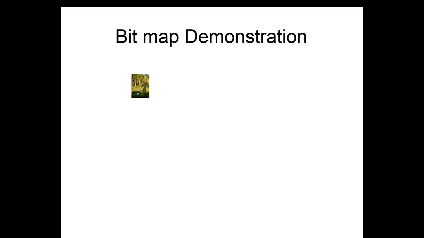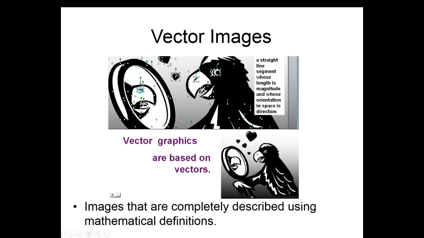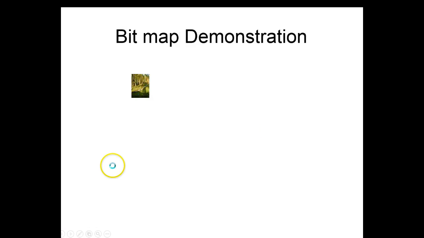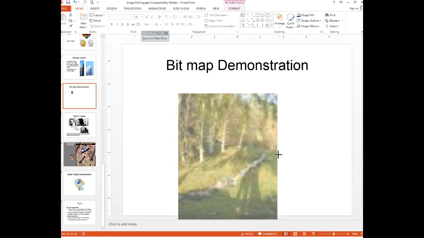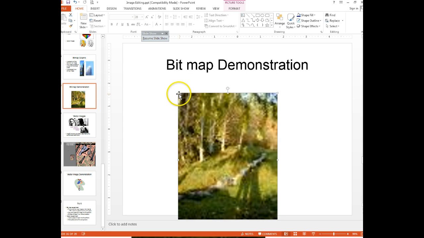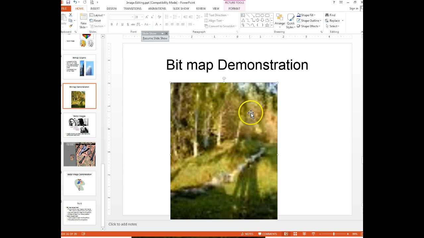It's very clear in this small size, but if I were to blow that image up on the screen, let's see if I can get a copy that I can blow up and show you. So here we go. Now I've got it selected. Now if I blow that up, because it's bitmapped, notice I get the pixelization. It becomes very blurry, and that's because it's a bitmap graphic.